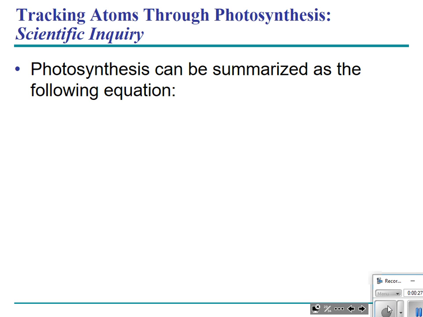Then we're going to talk a little bit about what we call the light reaction and the dark reaction. Finally, we're going to get a diagram which you will fill out over the light reaction and the dark reaction. So, those are our objectives today.